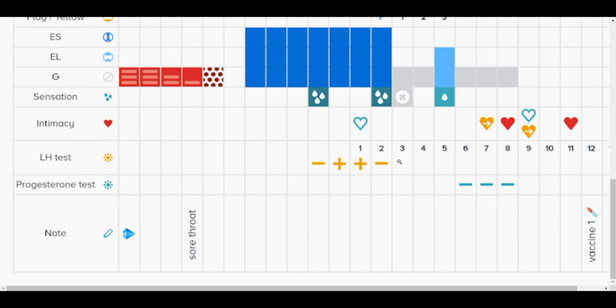We actually do it in a very precise way, where we're only using LH testing on days when we have clearly observable ES and EL mucus that we're seeing. And so it's not actually necessary for people to test throughout the whole cycle.